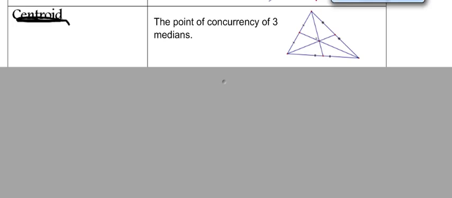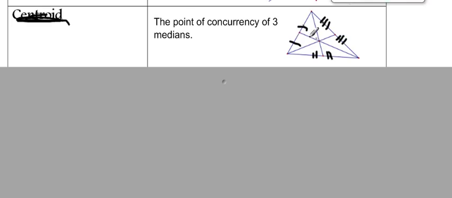So we have 1 median here, so we know that these sets of segments are congruent. We have 1 median here, so these sides are congruent. And then we have our other median here, so these sides are congruent. Well, that point where the 3 medians meet is called the centroid. So as soon as you see the word centroid, mark where the segment bisectors are, and mark those segments congruent to each other.